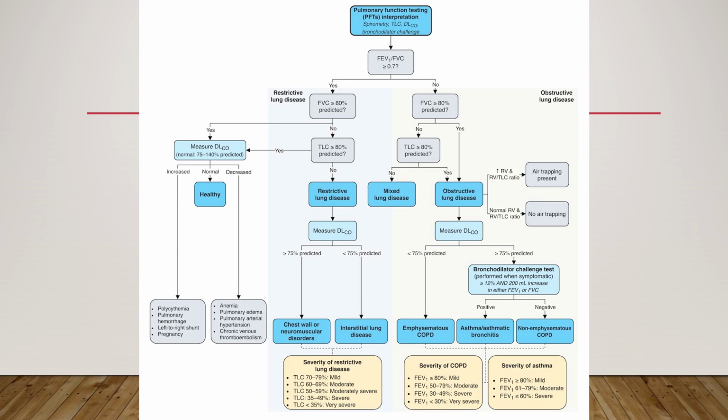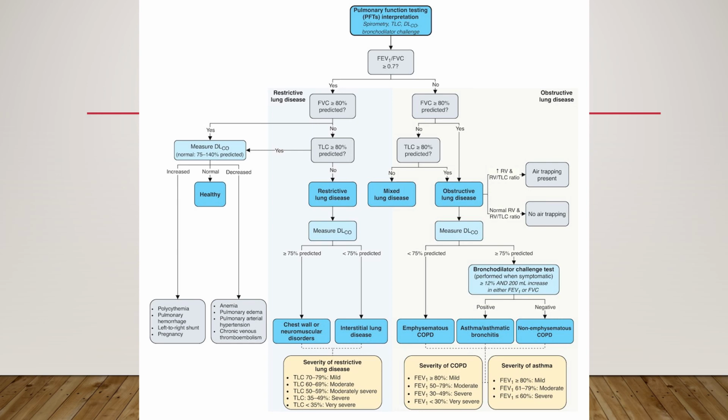This chart also breaks down the major diagnoses for obstructive lung diseases with their pulmonary function test indicators and severity levels. And so I would reference those in order to be able to apply that information when you study for the boards.